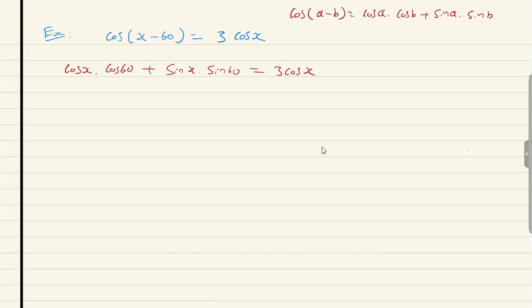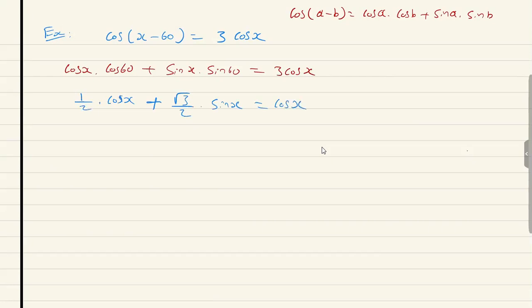I know the cosine 60 and sine 60 values. These are special angles. Cosine 60 is 1 over 2, so 1 over 2 times cosine x, plus sine 60, square root 3 over 2, times sine x is equal to 3 cosine x.